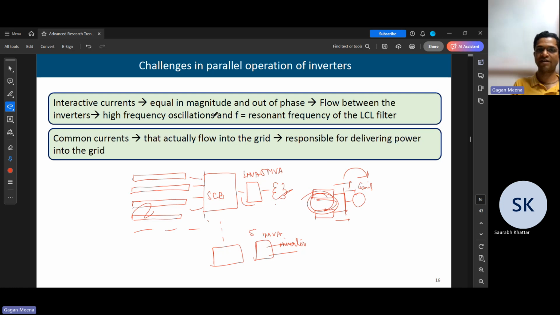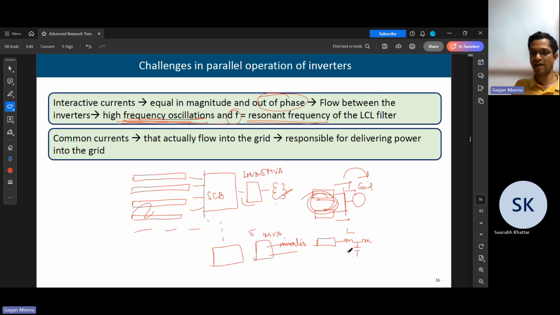We have interactive currents and these flow between the inverters. The main thing is they are out of phase, and these are high frequency oscillations whose frequency is equal to the resonant frequency of the LCL filter. Each of these inverters is connected to the grid via an LCL filter.